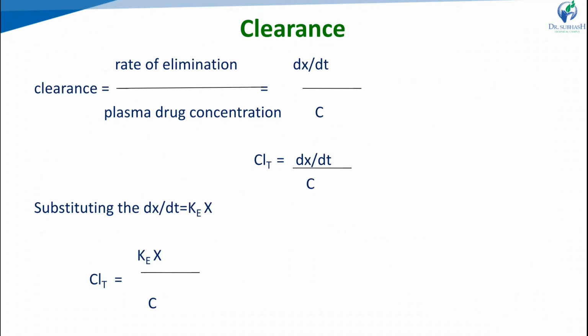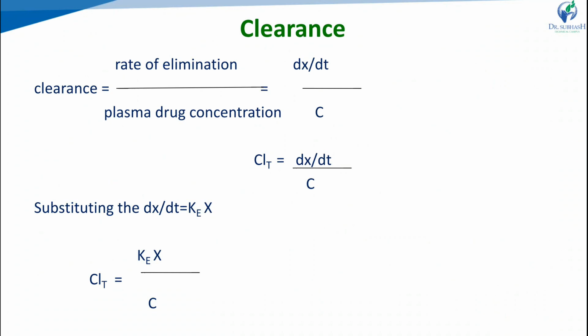The next terminology, the second primary pharmacokinetic parameter, is clearance. The equation for clearance is the rate of elimination divided by plasma drug concentration. The rate of elimination is dx by dt.